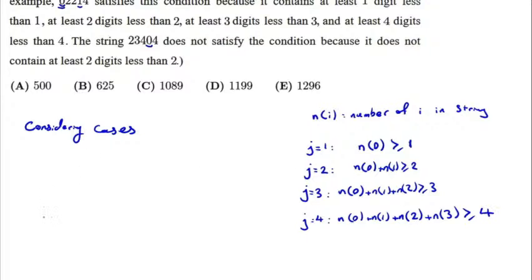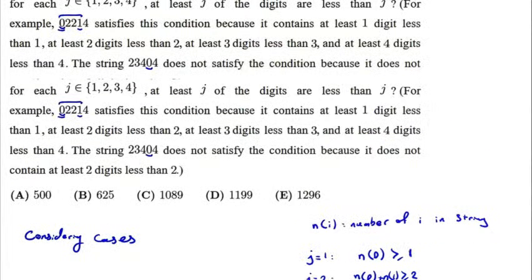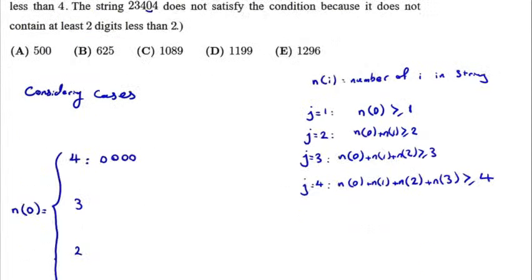So now I want to consider the cases of n0. Sorry, the problem says the length of the string is 5, okay, so we should start from 5.